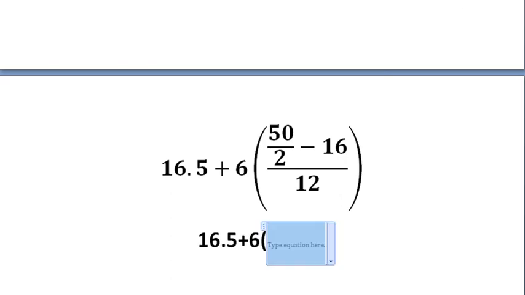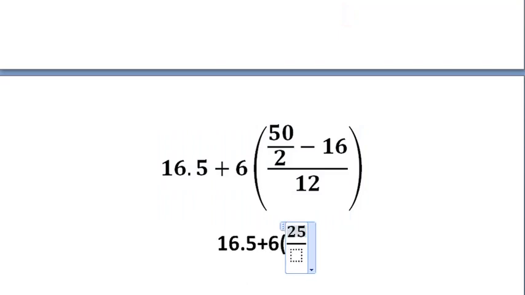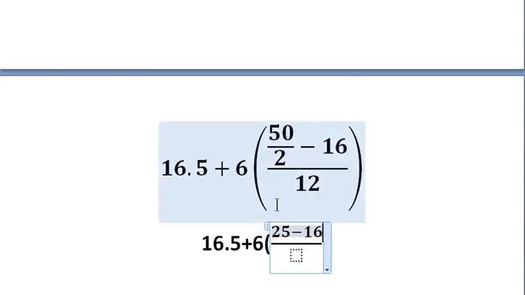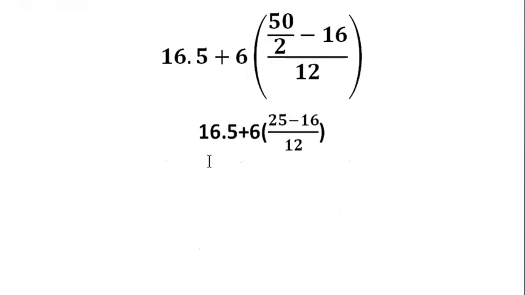Now 50 divided by 2, that is 25, minus 16, all over 12. So 16.5 we brought down, 6 was brought down, then 25 minus 16 all over 12.